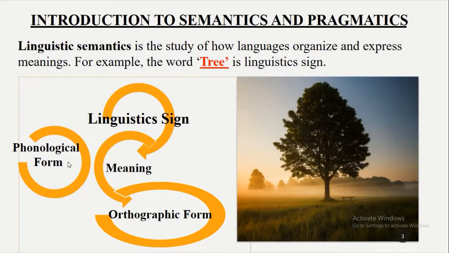So linguistic semantics is the study of how language organizes and expresses meanings. Orthography is the study of correct spellings according to established usage, and it is the study of the system of written language or spelling. And phonology studies the speech sounds in a language.